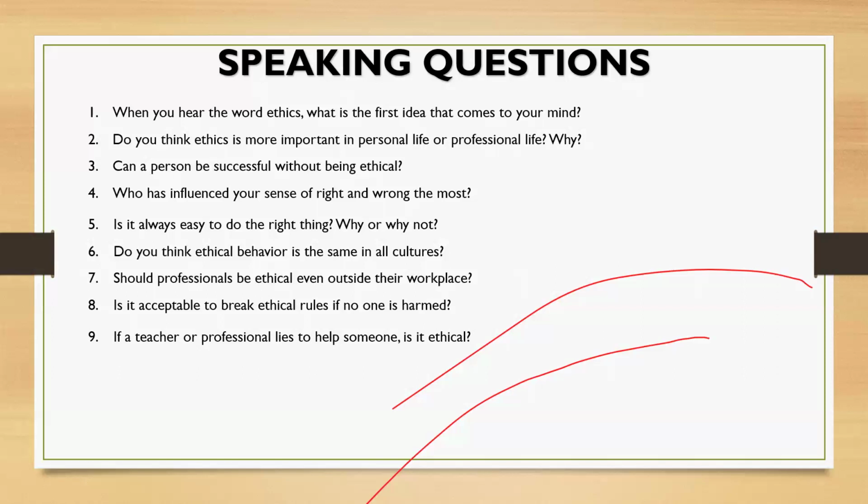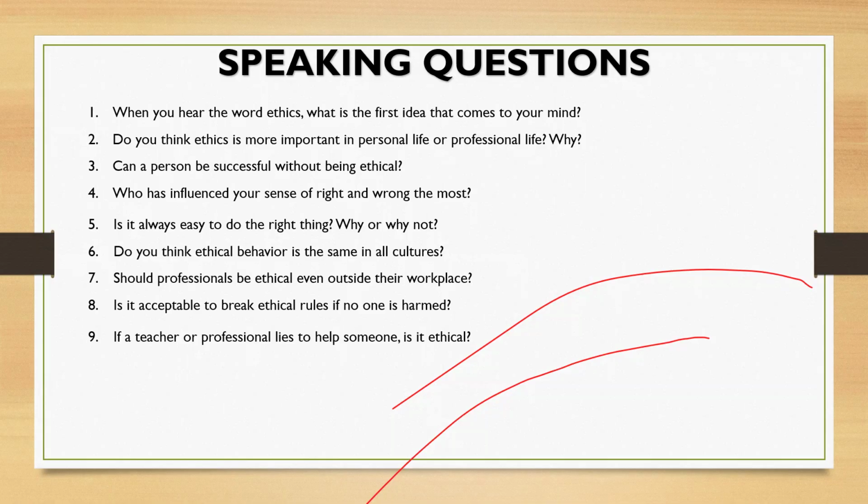For example, in many countries there is no law allowing a person with cancer or another illness to be helped to die. So if you break that rule, it's not ethical, but it depends on the person, because in the end, in many countries that is not allowed, but the person is suffering.